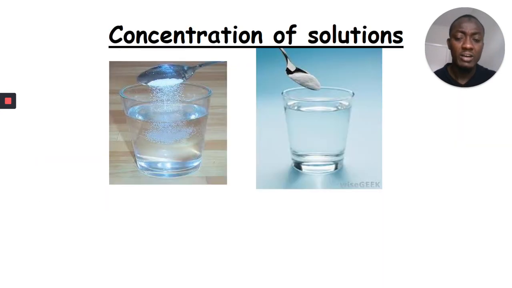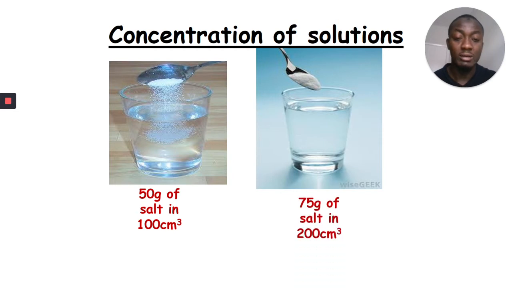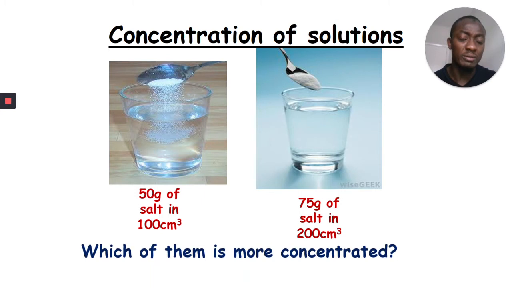So if I give you these two solutions and I tell you that in this one I put 50 grams of salt in 100 cm cube of water, and in this one I put 75 grams in 200 cm cube of water, and I ask you which one is more concentrated, I believe you'll be tempted to think, oh, we've got 75 grams in 200 cm cube, so this one will be more concentrated.